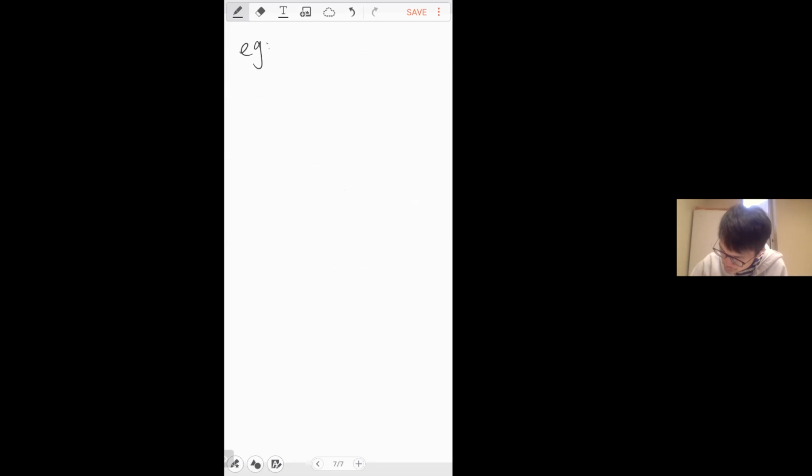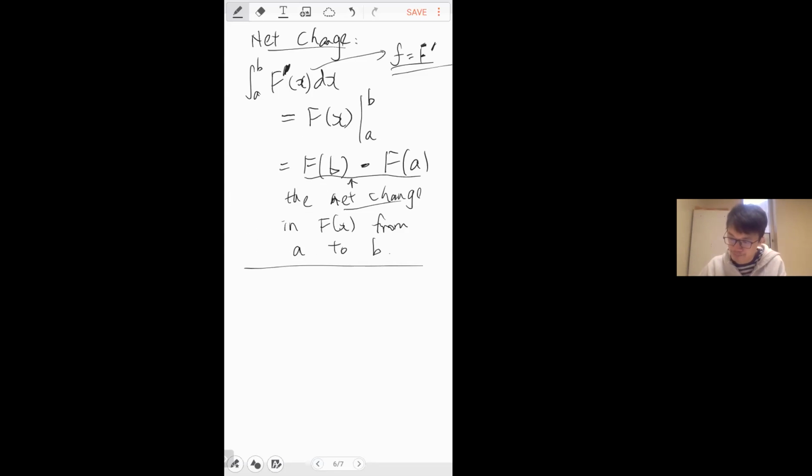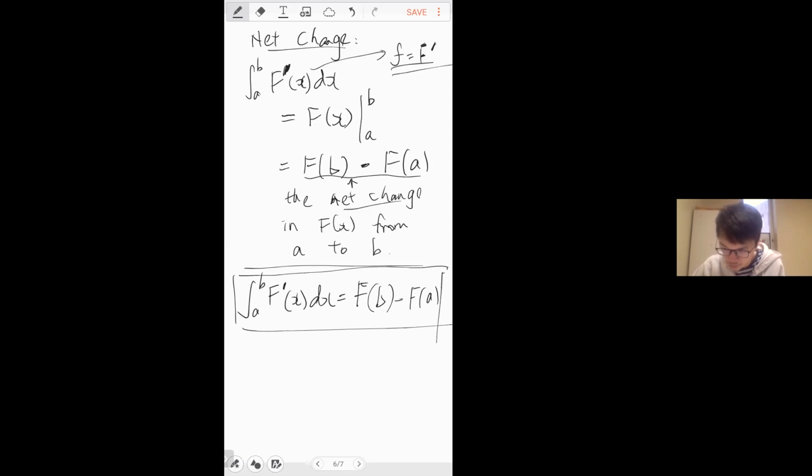So can you go back for a second, please? Okay, so in summary, this is what we have. This is a formula. So the definite integral of f prime of x from a to b is just f of b minus f of a.